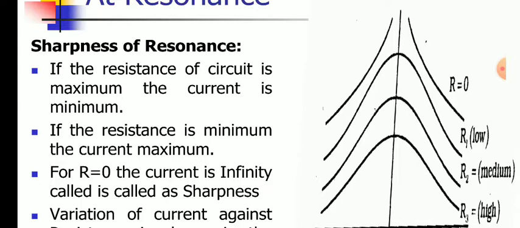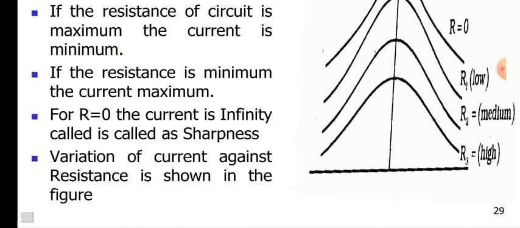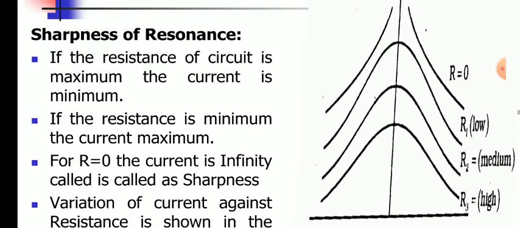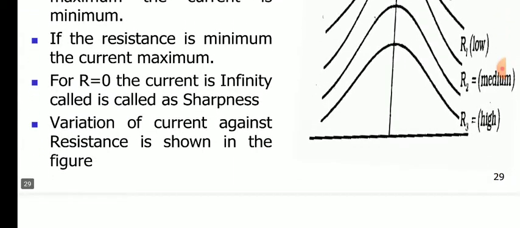If the resistance is minimum, the current is maximum. That is R1, which is low, and the maximum current is shown in the graph. For R equal to 0, the current is infinity, and this is called sharpness. The variation of current against the resistance is shown in this figure.